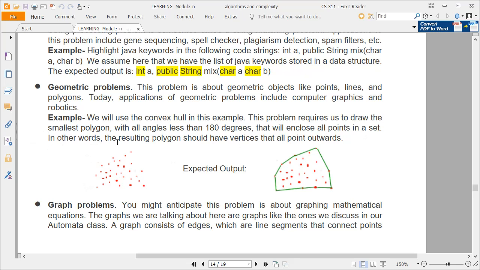In other words, the resulting polygon should have vertices that all point outwards. Okay, so all vertices should point outwards. Okay, so for example, this is the input with many points here in red. Then the expected output is this.